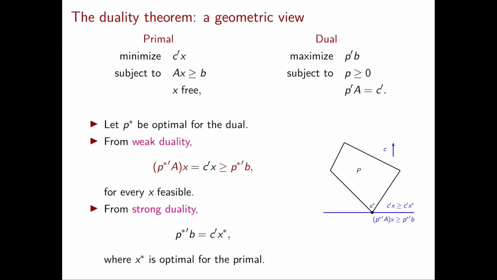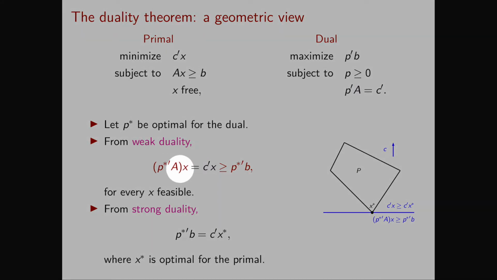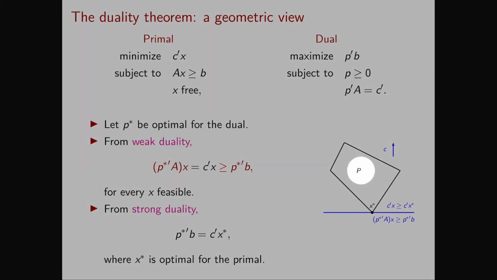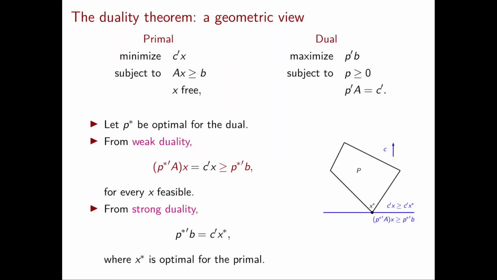Now let me get back to the geometric view of the duality theorem that we already discussed after weak duality. If you remember, we saw that any feasible solution to the dual gives rise to an inequality in the primal space. Such an inequality is valid for the feasible region P of the primal problem and is parallel to the inequality c transpose x greater than or equal to c transpose x star, where x star is an optimal solution for the primal.